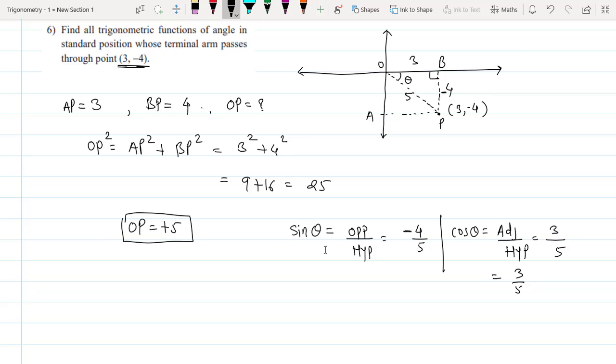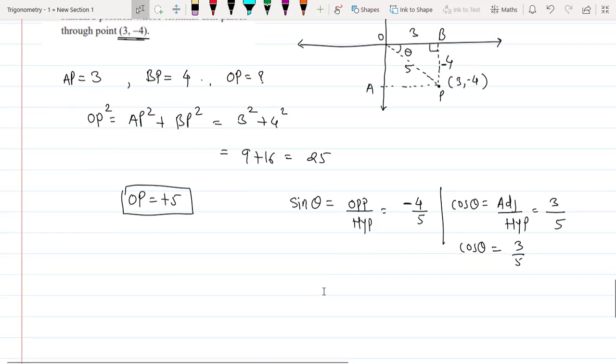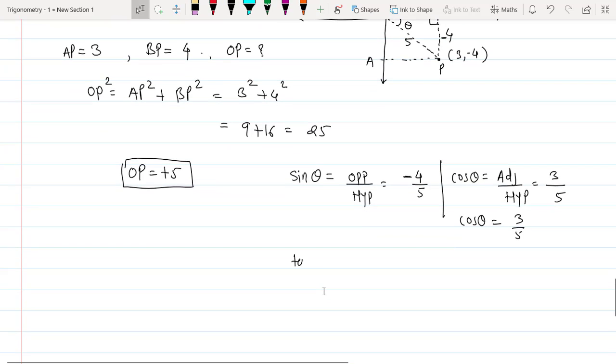It has to be positive, because it is lying in the 4th quadrant, so cos is positive. So once you get cos and sine, all the trigonometric functions can be derived easily. What about tan theta? Minus 4 by 5 upon 3 by 5, the 5 cancels, so minus 4 by 3 is your answer.